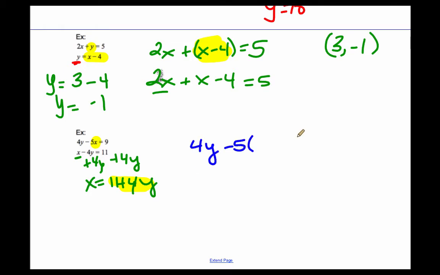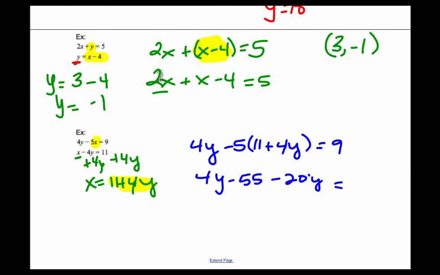Now this is where I'm substituting. In here I'm substituting my 11 plus my 4y. That was from this. This equals x, so I'm substituting it here for x. Equals 9. So now I need to distribute. So 4y minus 55 minus 20y equals 9.